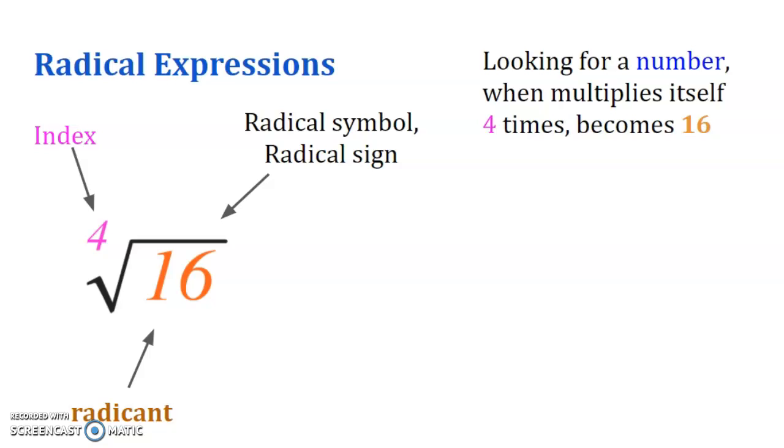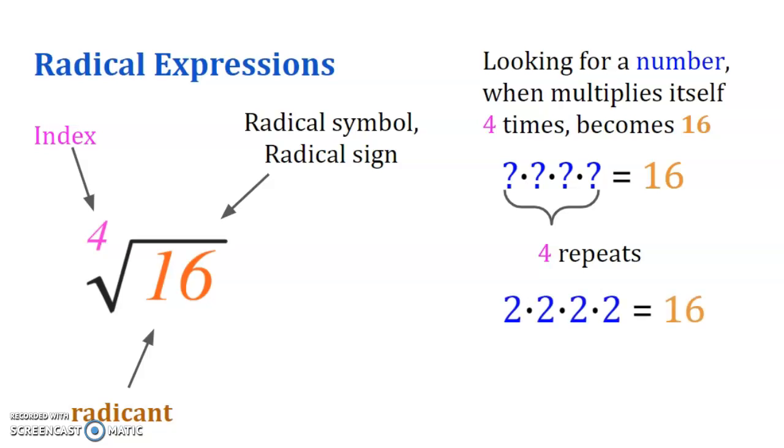So looking for a number that when multiplied to itself 4 times becomes 16, we read it as the fourth root of 16. So a number times number times number times number is equal to 16. What does that question mark number have to be? It repeats itself 4 times, and I know that 2 multiplied to itself 4 times is 16. So that question mark has to be equal to 2. So the fourth root of 16 equals 2.